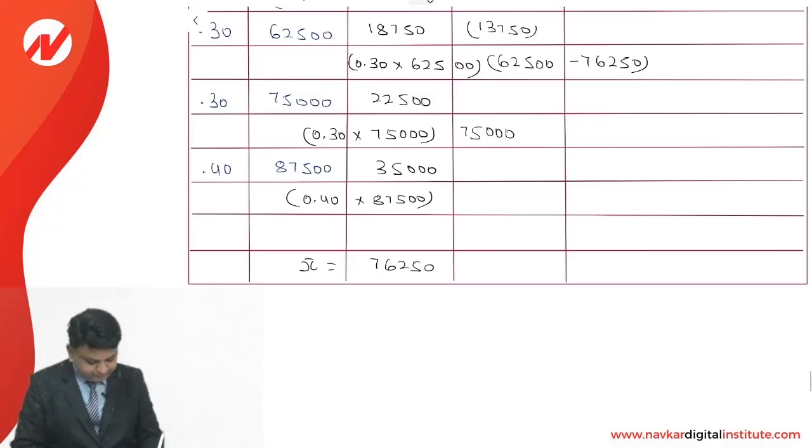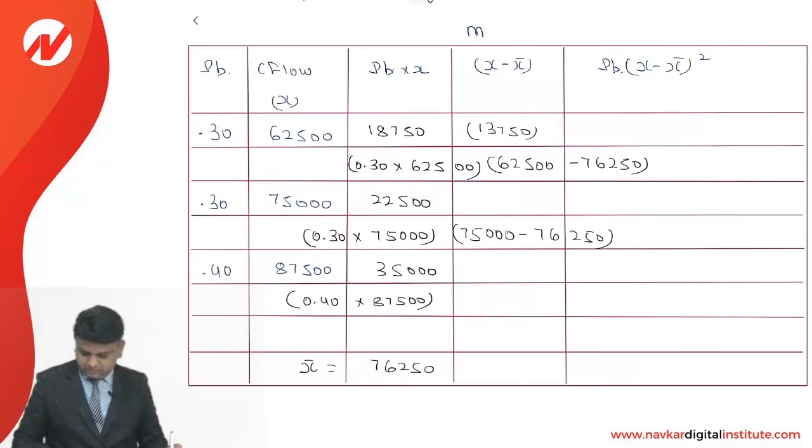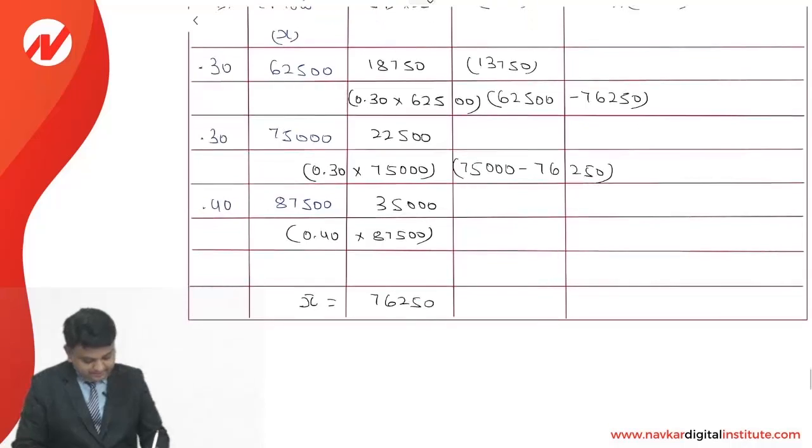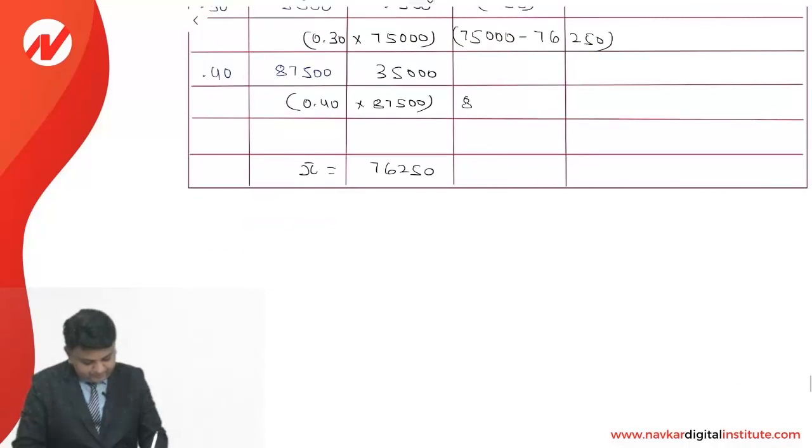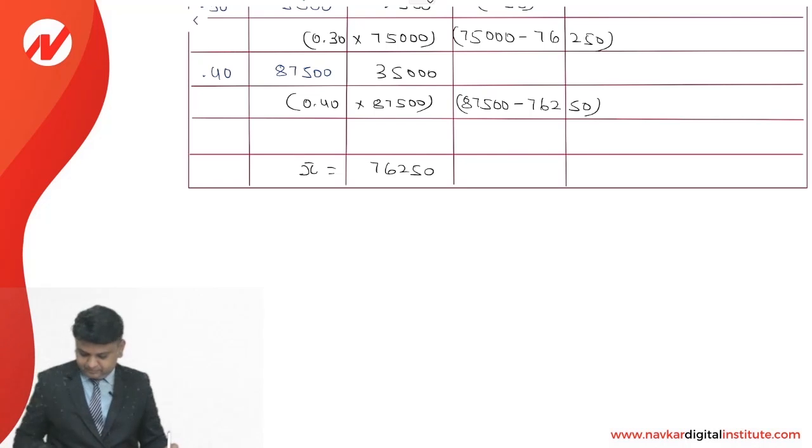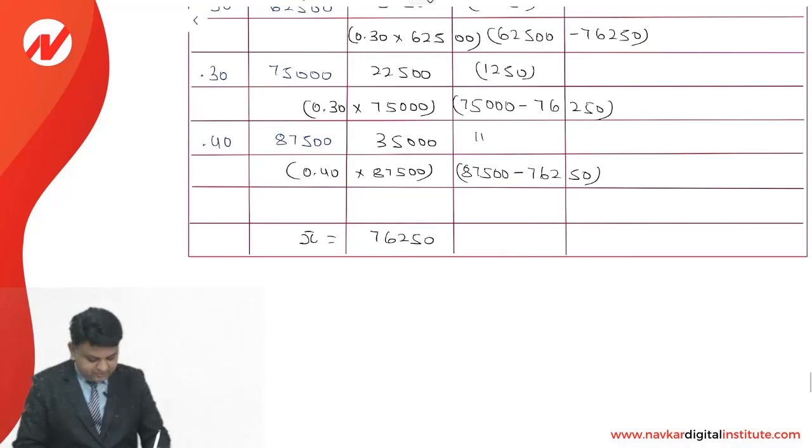Then 75,000 minus 76,250. So it is 1,250 negative. Then 87,500 minus 76,250 once again. So 11,250 positive.